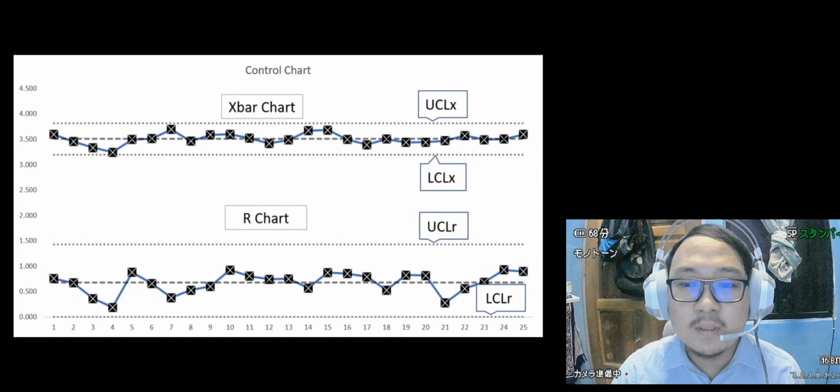We can also see that the points go back and forth across the center line, and the points are roughly balanced on both sides of the center line. And the most important characteristic is that the points do not go beyond the control limits. Hence, due to those reasons, we can conclude that both of the shifts are in control.